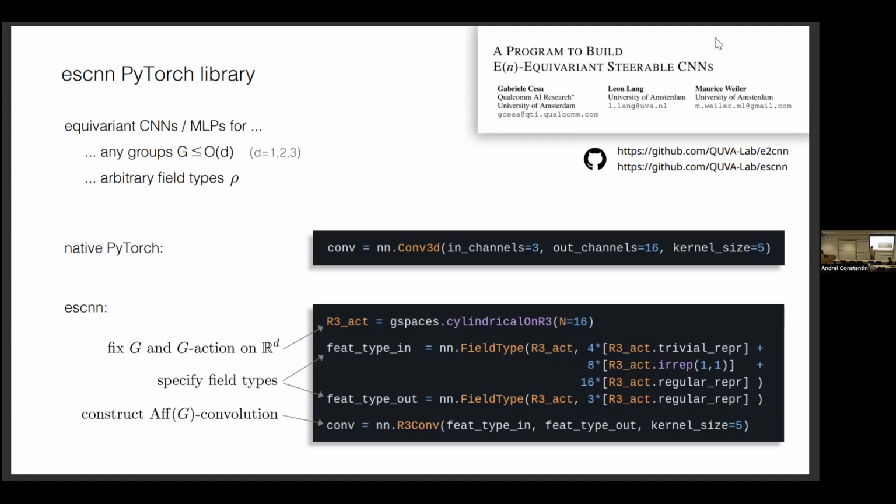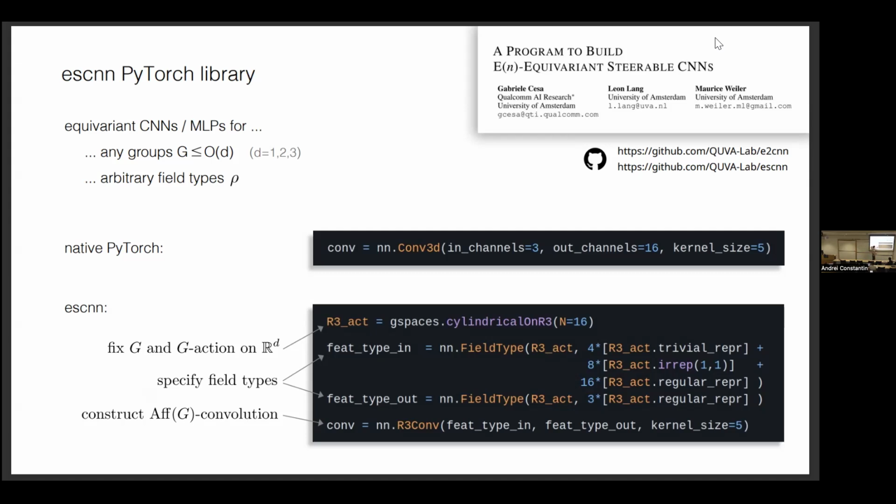And then you need to choose your input and output field types, which are just these representations rho in and rho out. So for instance, you can choose 4 trivial representations for scalar fields, then you could choose 8 times irrep of type (1,1), 16 regular representations, and so on, really whatever you like. And then maybe you want to map to 3 output regular representations.